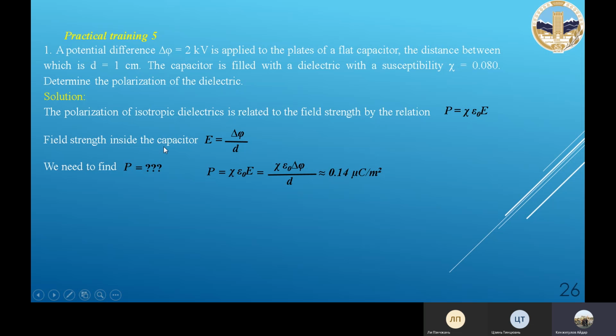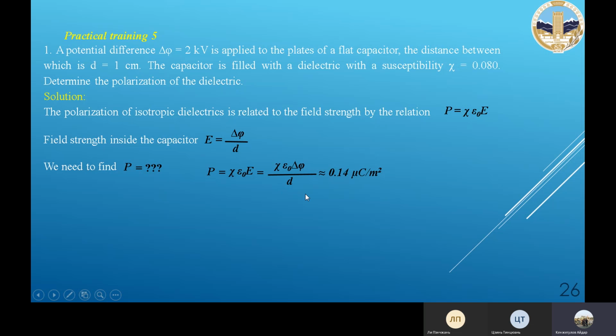The field strength inside the capacitor we have from this formula. So we need to find the polarization. We have this polarization formula, and we put in the electric field.